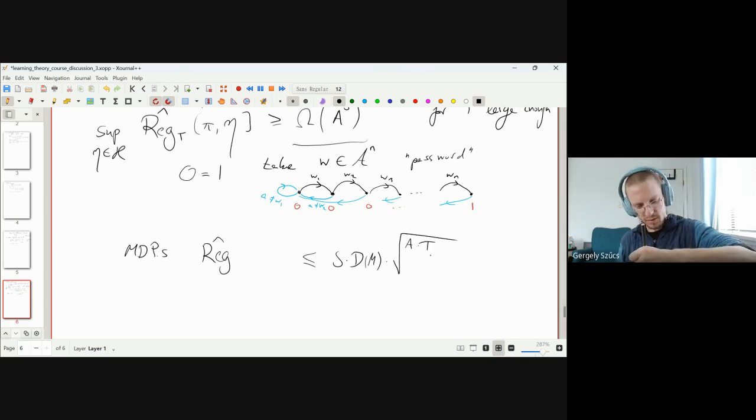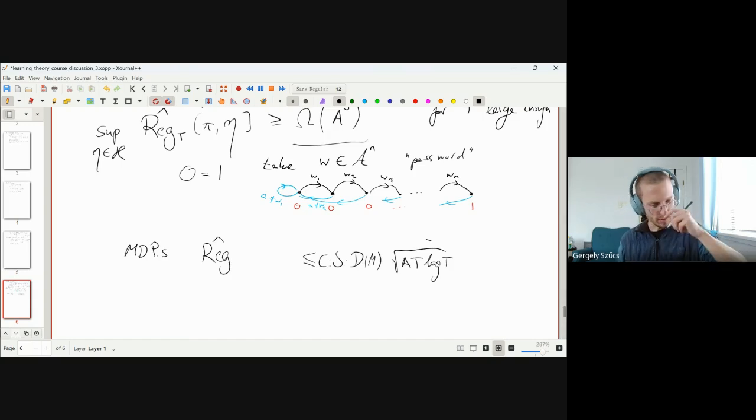So the square root of t, maybe times a constant. We had some bound like this for MDPs. So here the regret is bounded linearly by the number of states.